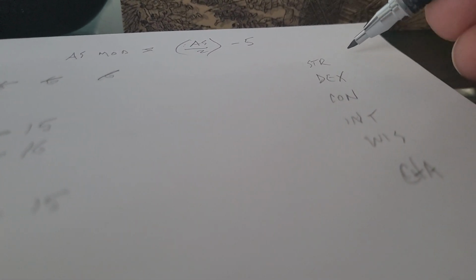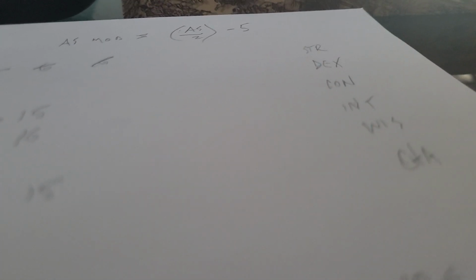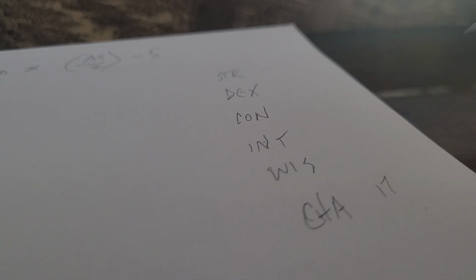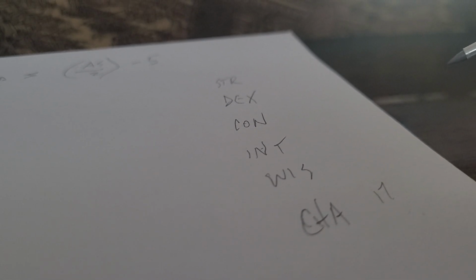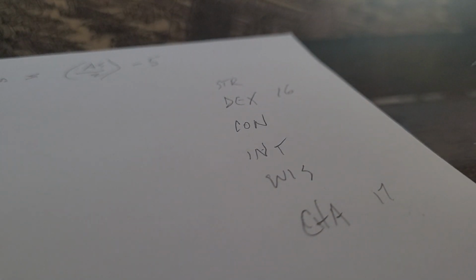Okay, so let's say we're making a rogue barbarian. All right, but I've got a few that are already like that. So let's say we're going to do a bard. So we're going to put his charisma as high as we can, and then we'll have his dexterity be the next highest score.